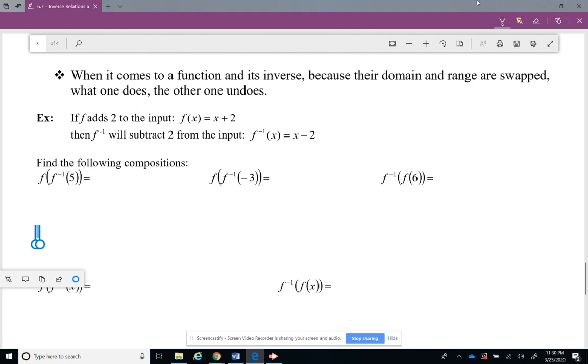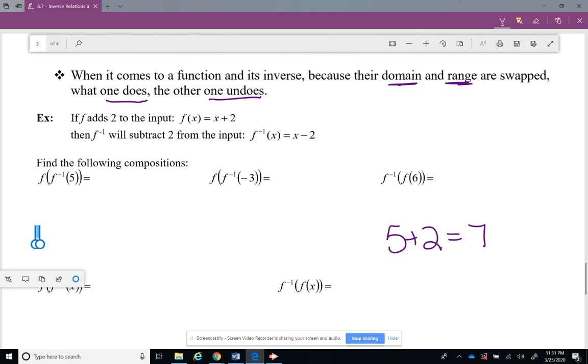When it comes to a function and its inverse, because their domain and range are swapped, what one does, the other undoes. It's kind of like if I added 2 to something. So if I said 5 plus 2 is 7, and I'm like, okay, I want you to undo what I just did. I just added 2 to 7.